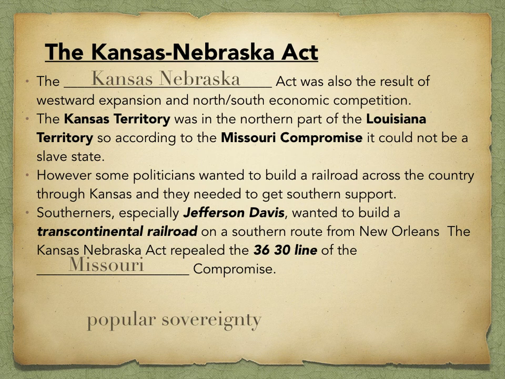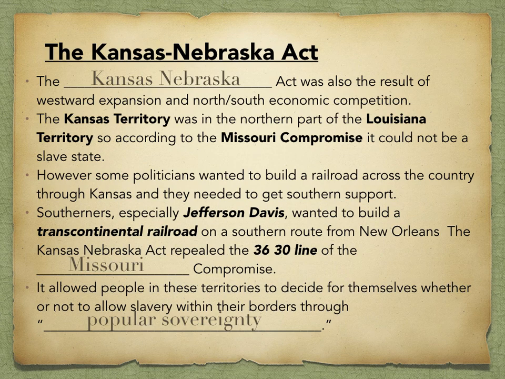So the Kansas-Nebraska Act repealed that 36°30' line, and it also allowed people in these territories to decide for themselves whether or not to allow slavery within their borders through popular sovereignty. Again, we talked about popular sovereignty before, and popular sovereignty is basically letting the people decide whether they want slavery or not in that territory.